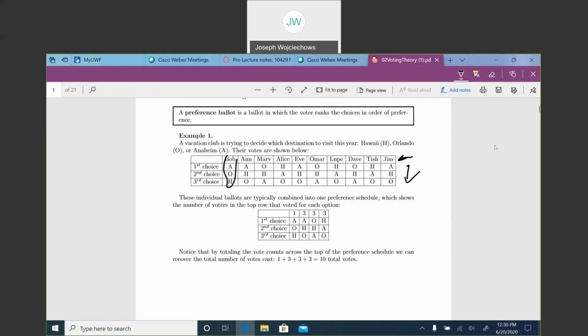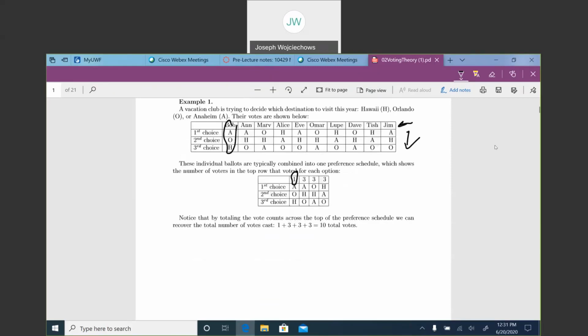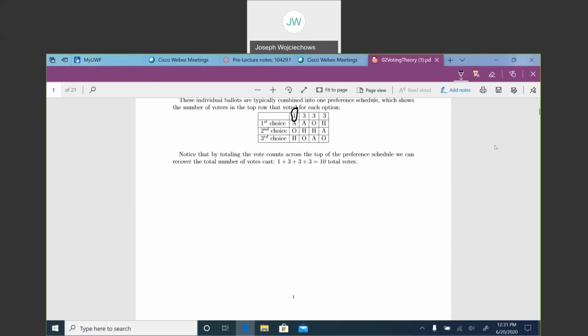You have Bob, and he's the only one. So that's the one, and so forth. By totaling the vote counts across the top, we can see that we still have 10 total votes.